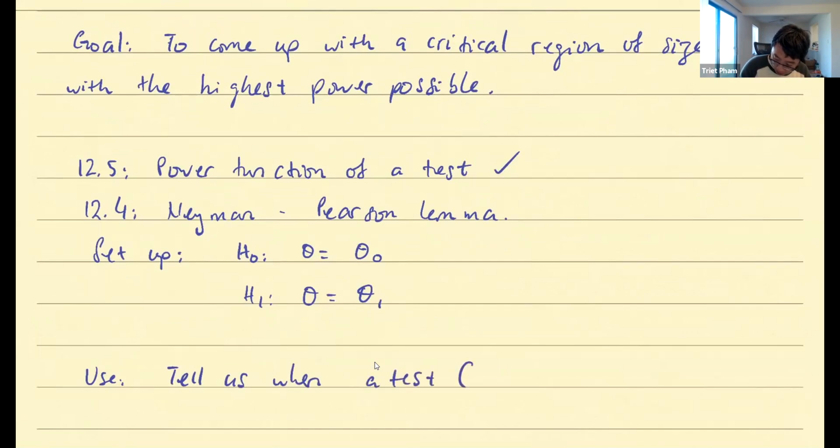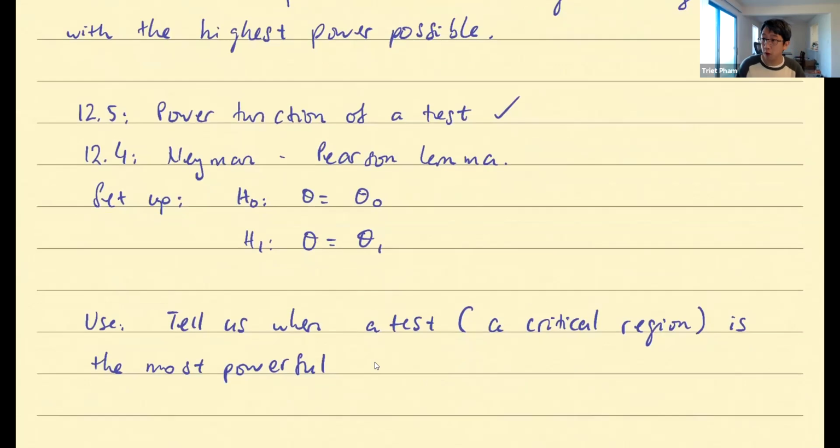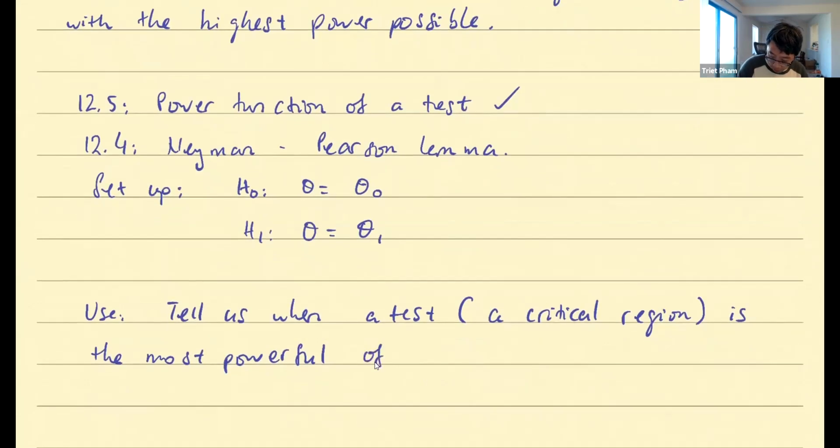Okay, it is going to be used to tell us when a test, and obviously a test here means a critical region, is the most powerful. Of course, most powerful of size alpha. Without some restriction, you can never compare.